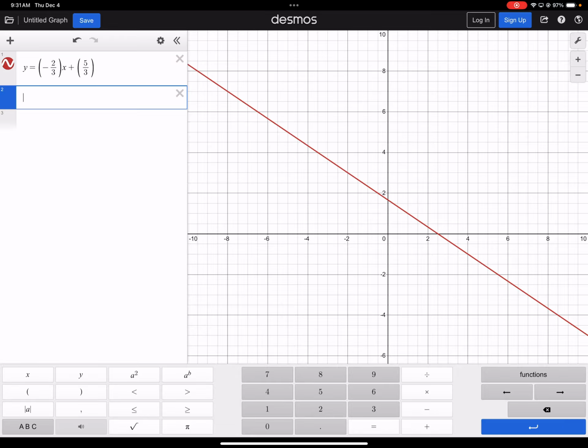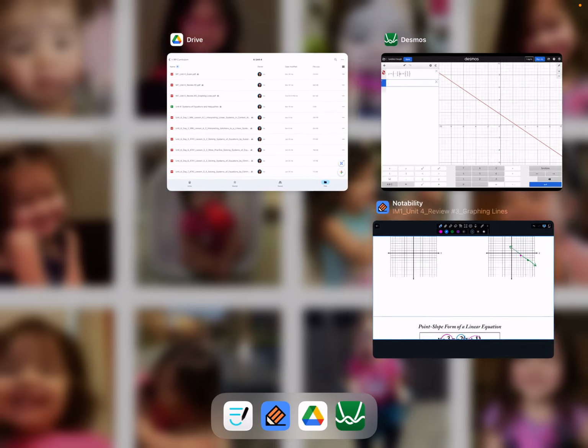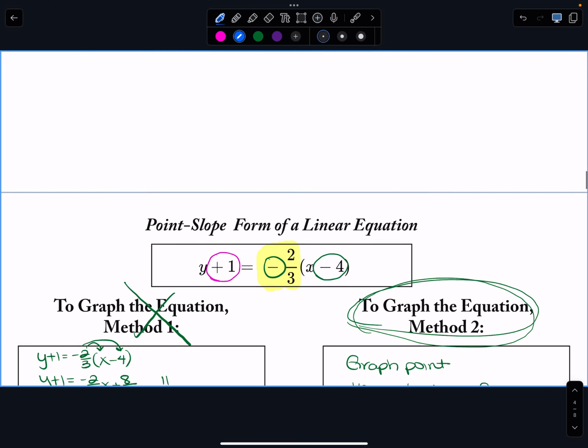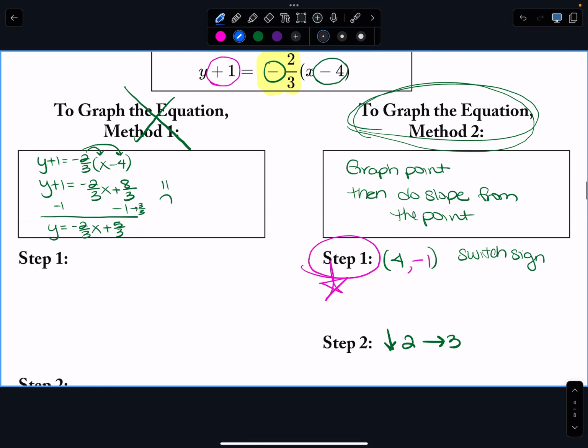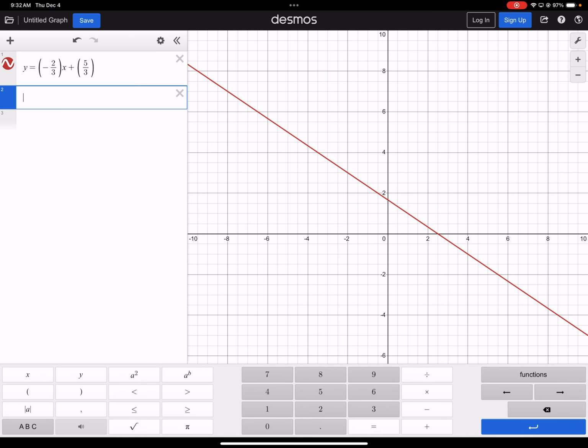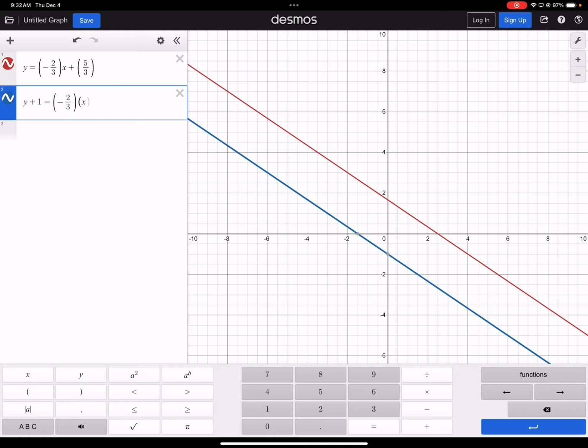And then what was the other? The 2 points were for. Oh, the original question. y plus 1 equals -2/3 x minus 4.